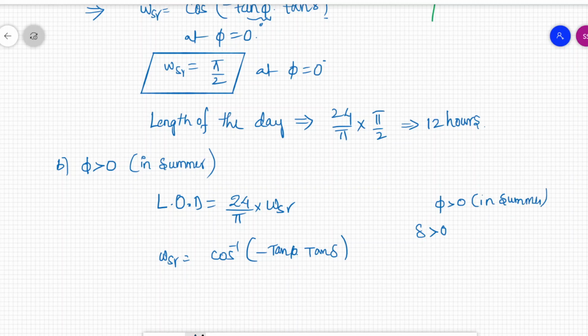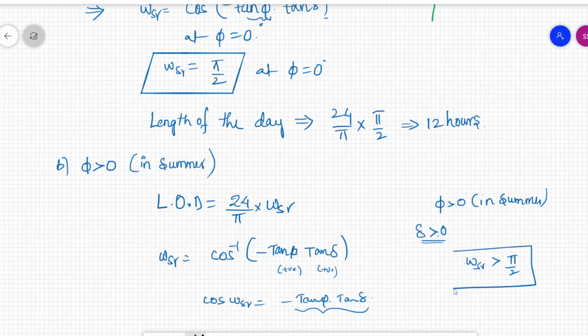So here phi is greater than 0 and delta is also greater than 0 because it is in summer. So phi greater than 0 means tan phi will be positive, and tan delta will also be positive, but overall the value of cos omega SR, minus tan phi into tan delta, will be negative, that means it will come in the second quadrant. So omega SR will be greater than pi by 2 because it is in the second quadrant.